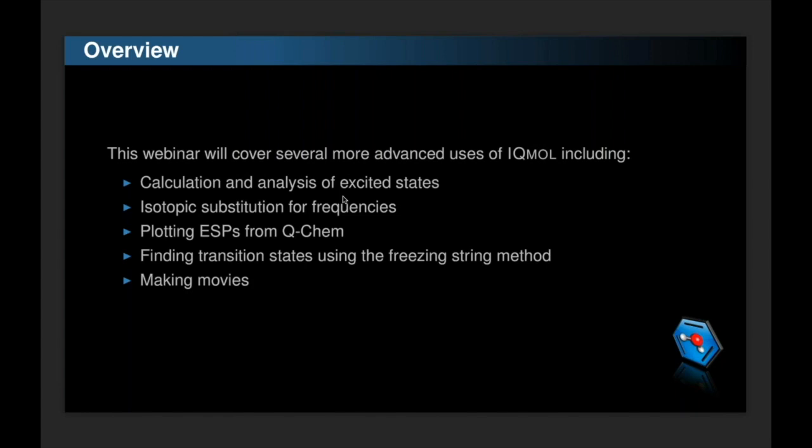Again, IQmol makes it relatively easy to set up these freezing string calculations. And then finally, hopefully we'll have time to cover the making of some movies. There's a couple of movies generated using IQmol on YouTube, which you may have seen. I'll just go through some of the capabilities of IQmol in that area.